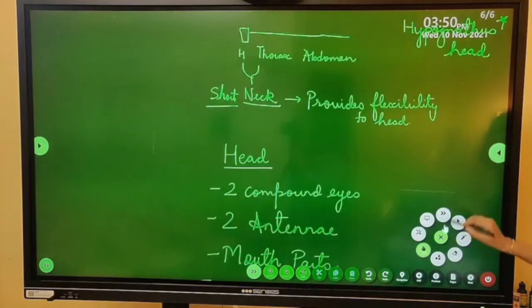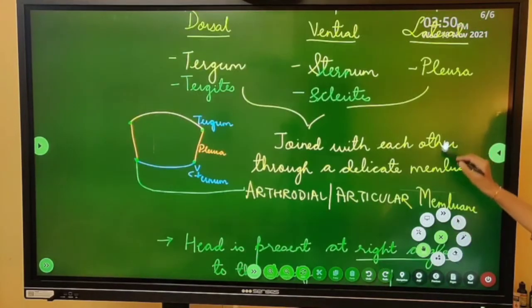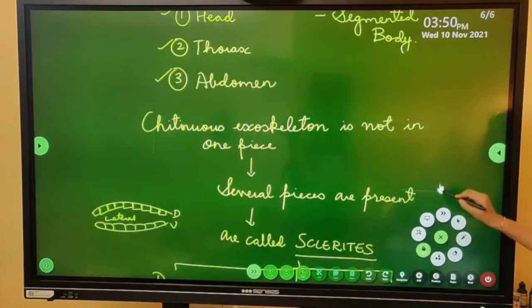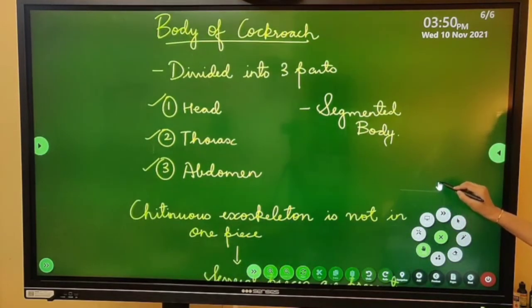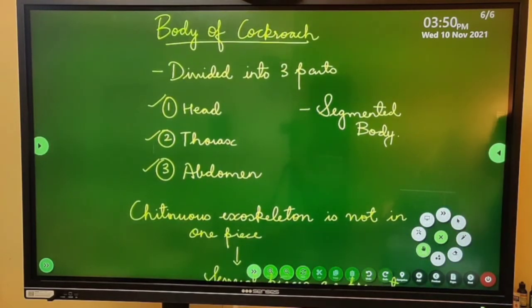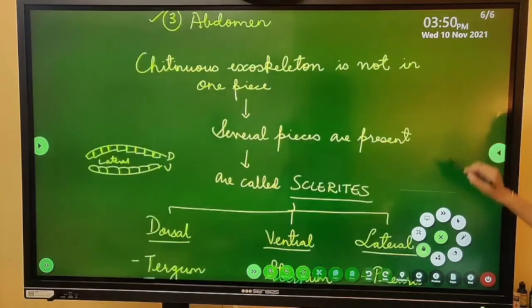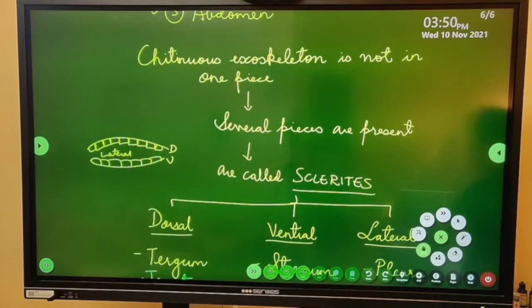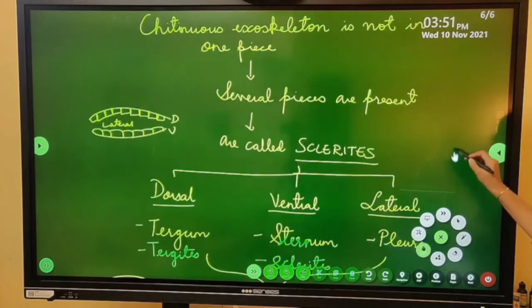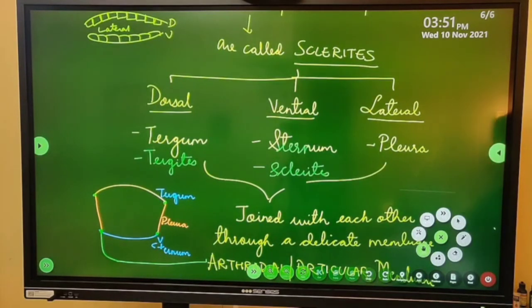Then the body is covered... body is divided into 3 parts, that is the head, thorax and the abdomen region. Then chitinous exoskeleton, which is present over the body, is not in one piece. Several pieces are present. ये pieces को बोलते हैं sclerites, MCQ. Dorsal sclerites को बोलते हैं tergum या tergite.